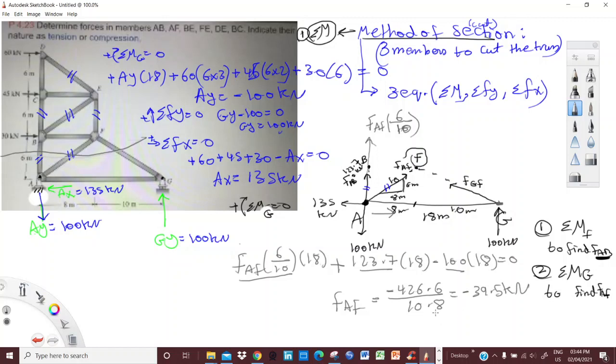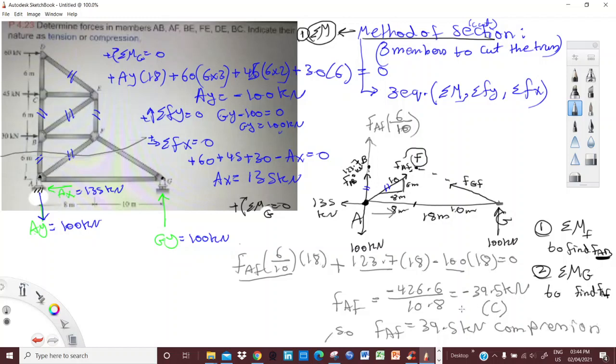Okay, so AF is going to be minus 39.5, which I can say is compression. Therefore AF is equal to 39.5 kilonewton compression.